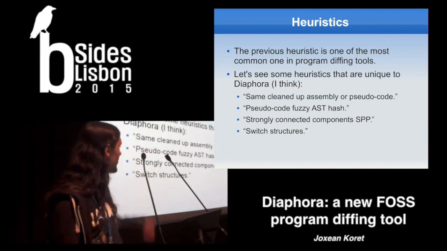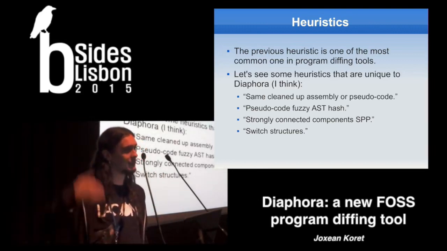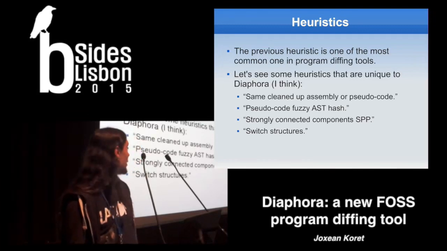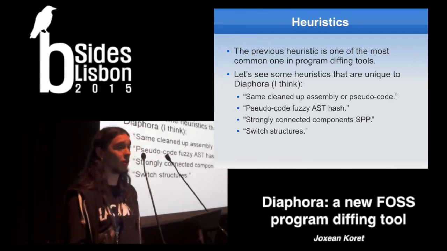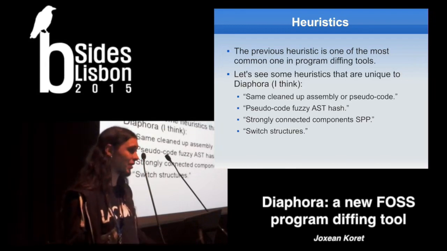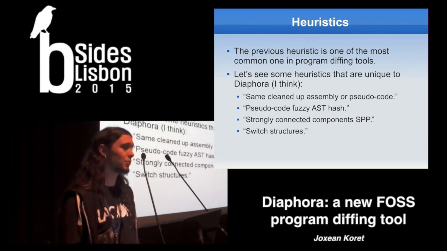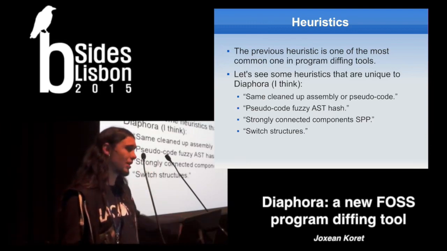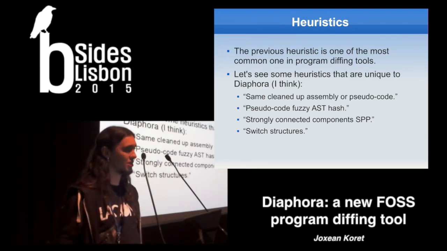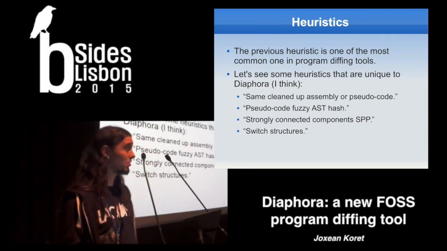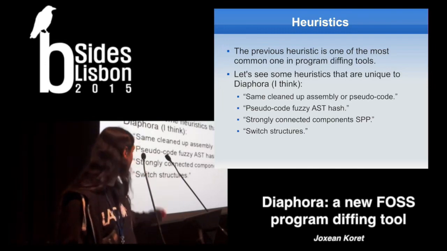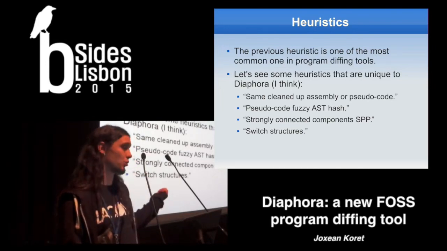The pseudocode fuzzy abstract syntax tree is, as previously said, specific to Diaphora as it is the only tool using the pseudocode from the decompiler. Then there is the strongly connected components small primes product, which is based on the graph, and most program diffing tools have heuristics based on the graph, but as far as I know, it's the only tool using that. And for example, switch structures.